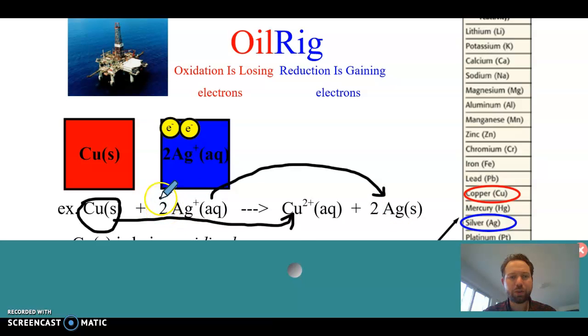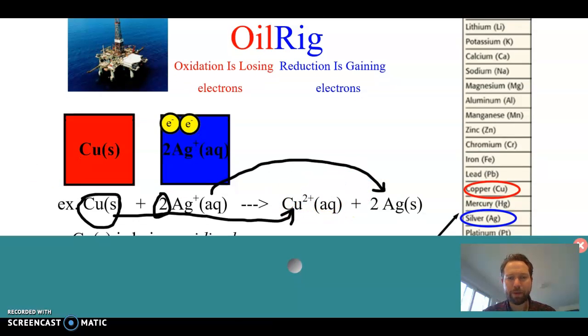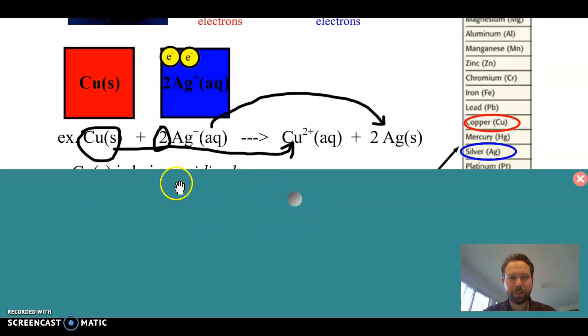There were two silver atoms, therefore each one got one electron. We have to have two silvers here because copper's oxidation state is +2, and in order to get rid of both of those electrons, you would have to have two silvers. Each silver always makes a +1 ion, so you have to have two.